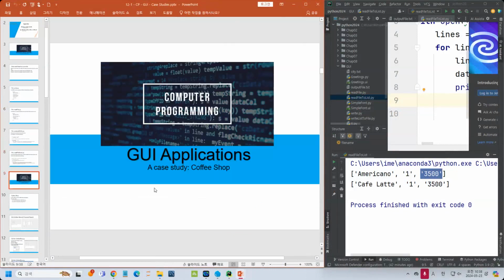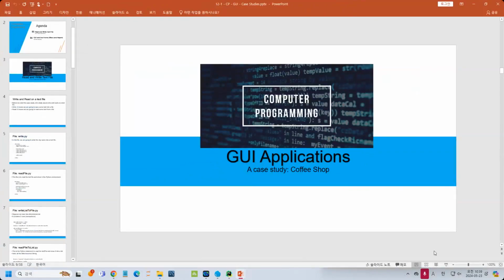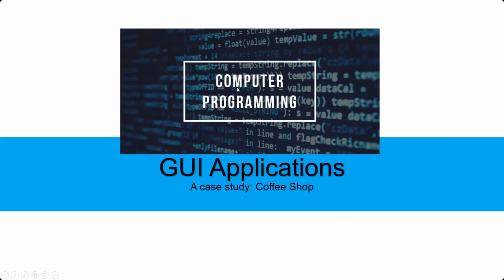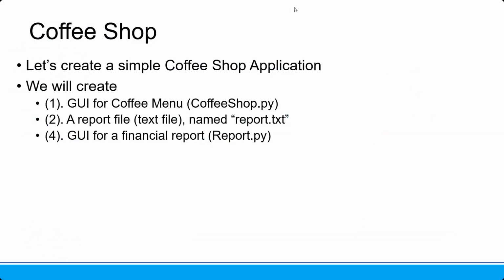So we are going to make the coffee shop. I think because of the time, I cannot finish all the things. So let me just give you the introduction about the coffee shop. So we are going to make a simple coffee shop application.